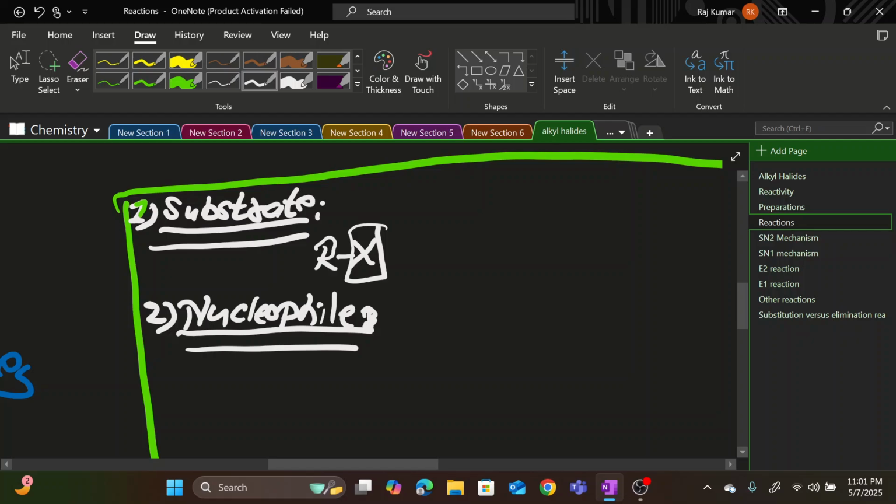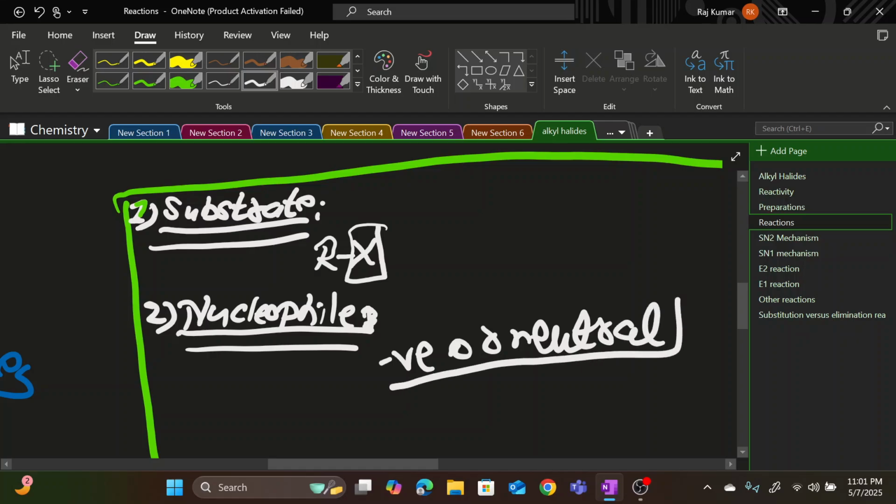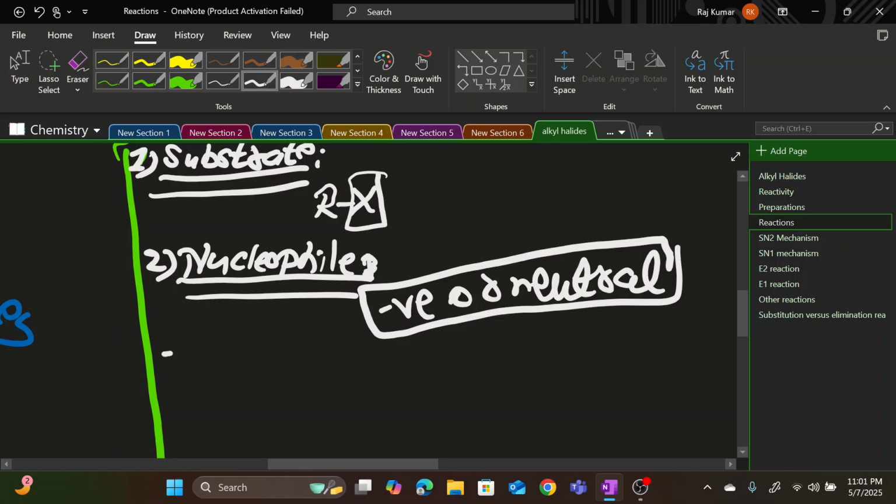It can be negatively charged or neutral as well. In this reaction, we do not have such a preference that we need a strong or weak nucleophile. Even if it is a neutral or weak nucleophile, it can work.